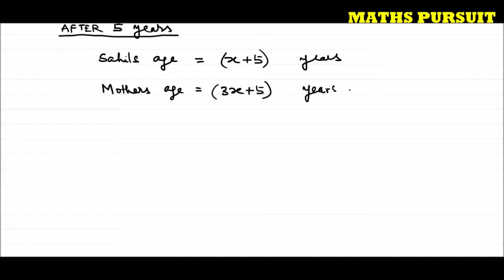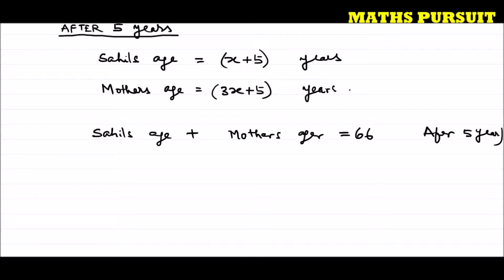That means Sahil's age plus mother's age is equal to 66 after 5 years.